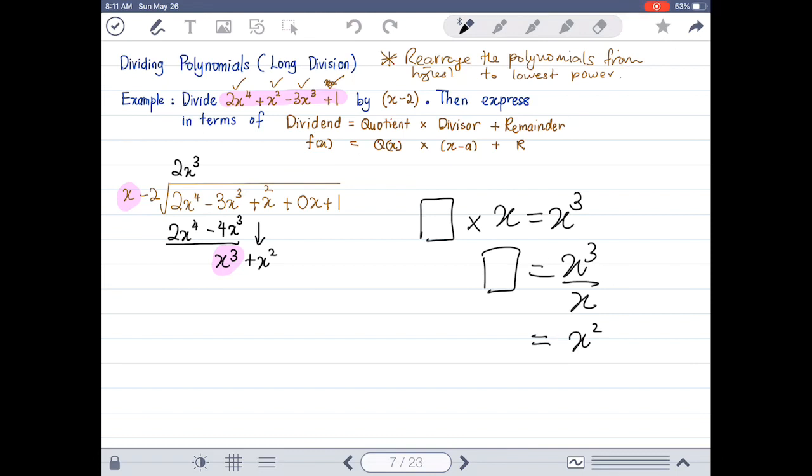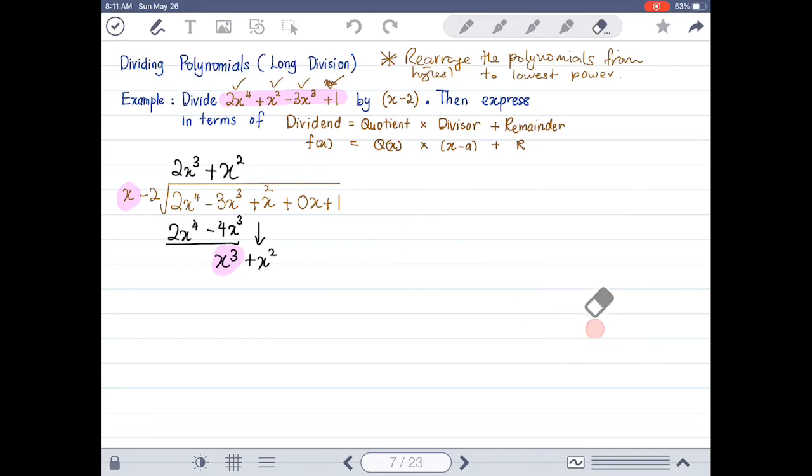So you write plus x squared here. The next step will be x squared times x. You should get x cubed. X squared times negative 2, you should get minus 2x squared.